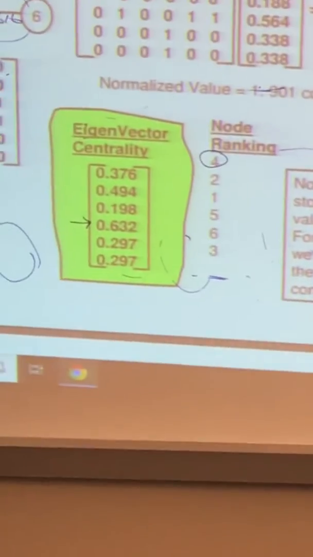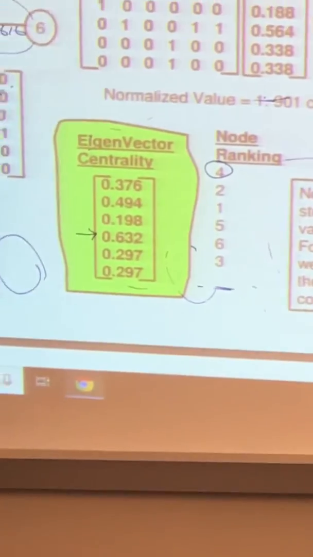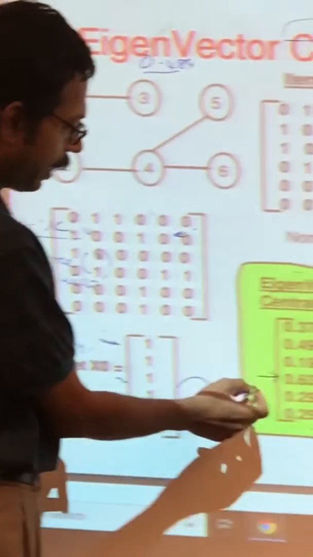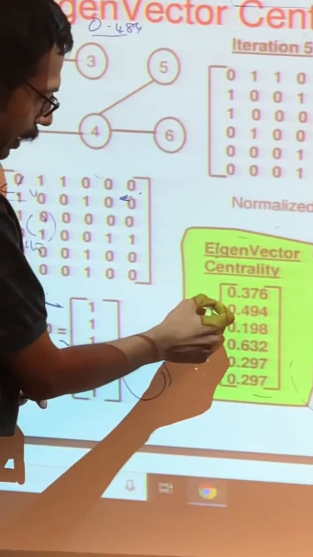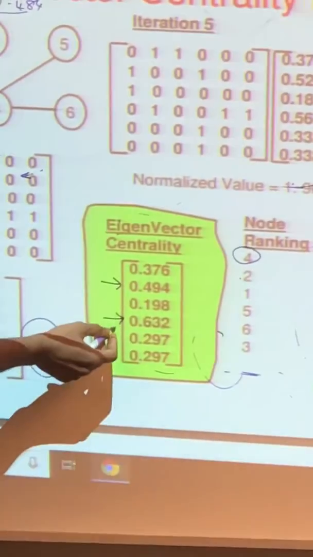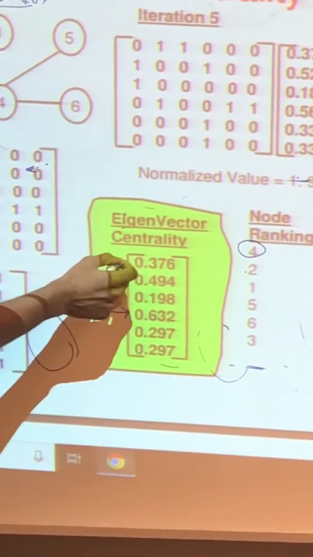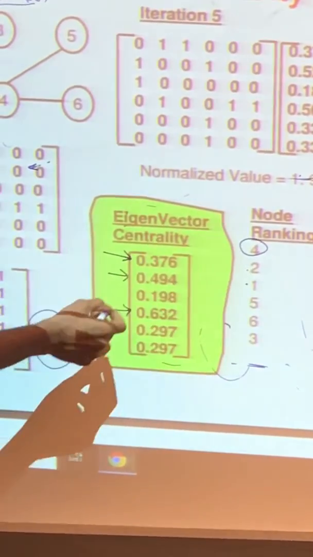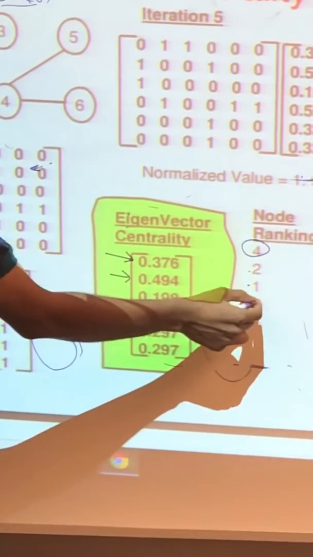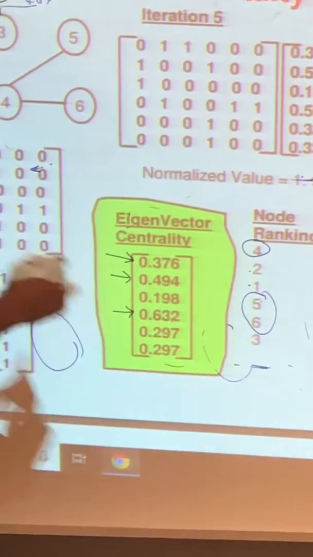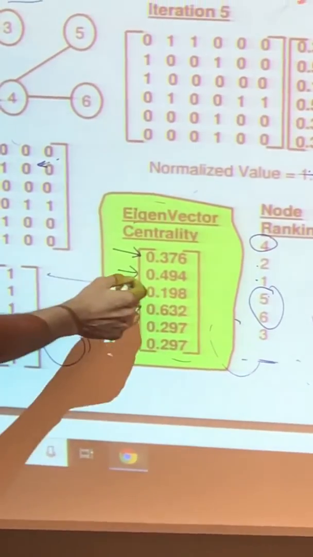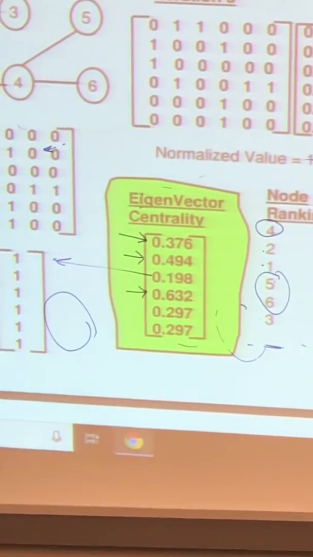The vertices are labeled 1 through 6 in this graph. The second rank is this vertex, vertex 2. Then the third is 0.376, so vertex 1. Then vertices 5 and 6 are equally ranked. Then vertex 3 has the lowest eigenvector centrality.